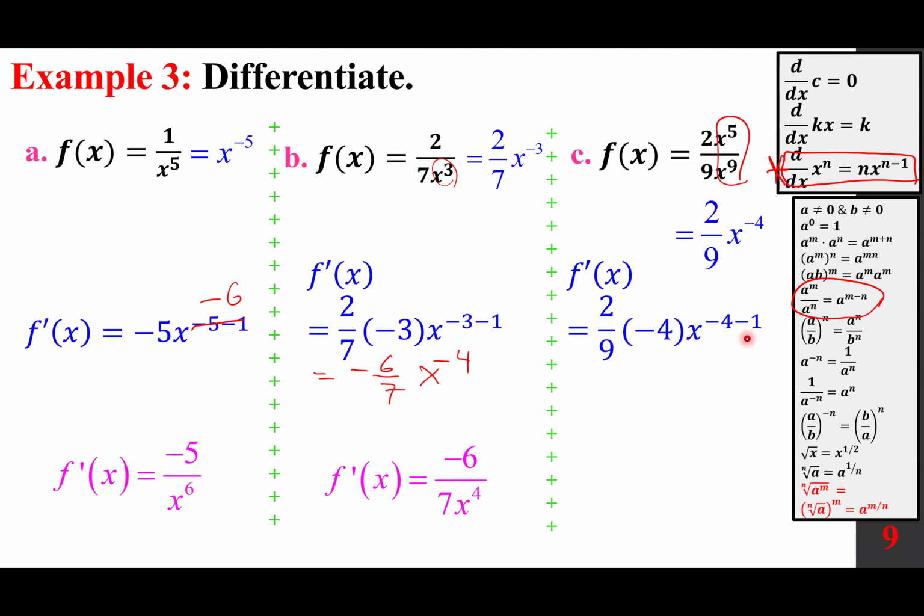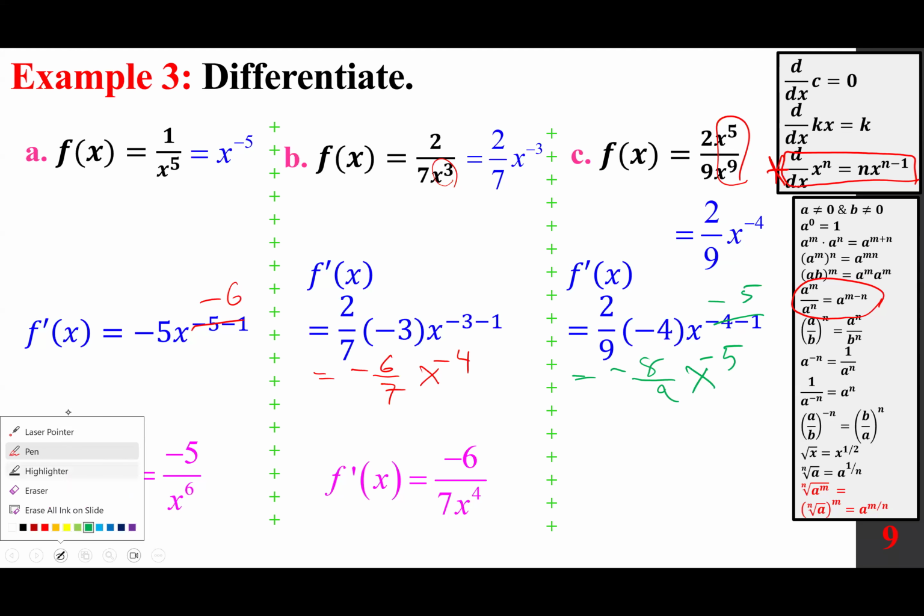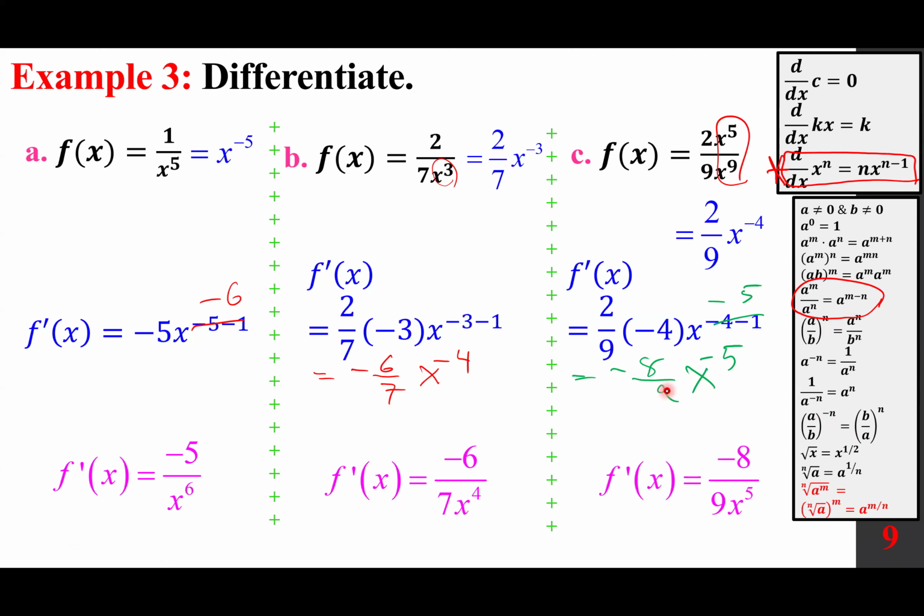So what do we get? This is -5. So we get -8 over 9 x to the power of -5. And x to the power of -5, according to the negative exponential rules, take it down, make it positive. So the final answer, f prime of x equals -8 over 9 x to the power of 5.